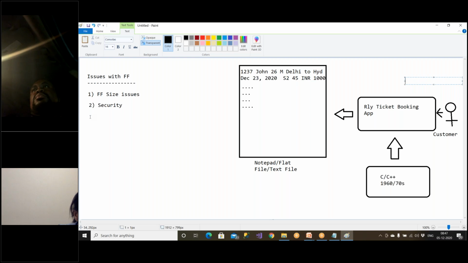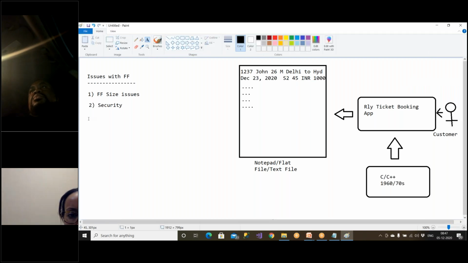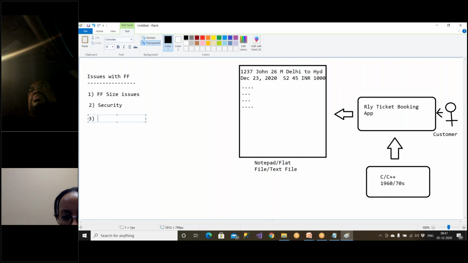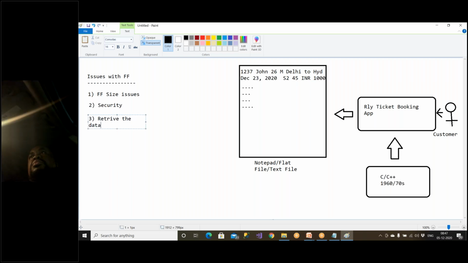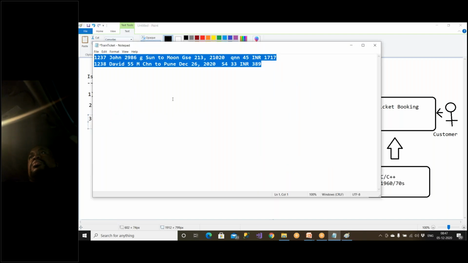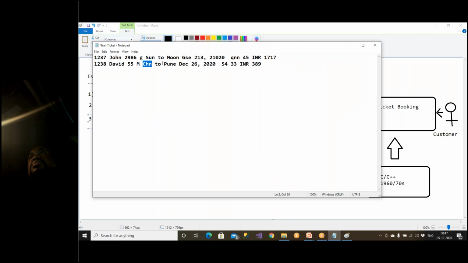The next issue is retrieving the data. Why are we storing the data? Tomorrow I wanted to retrieve some information from this. For example, I wanted to know how many customers traveled from this city to this city during 1919 to 1920. I wanted some information to be summarized, and I have to create a report and submit it to my boss.